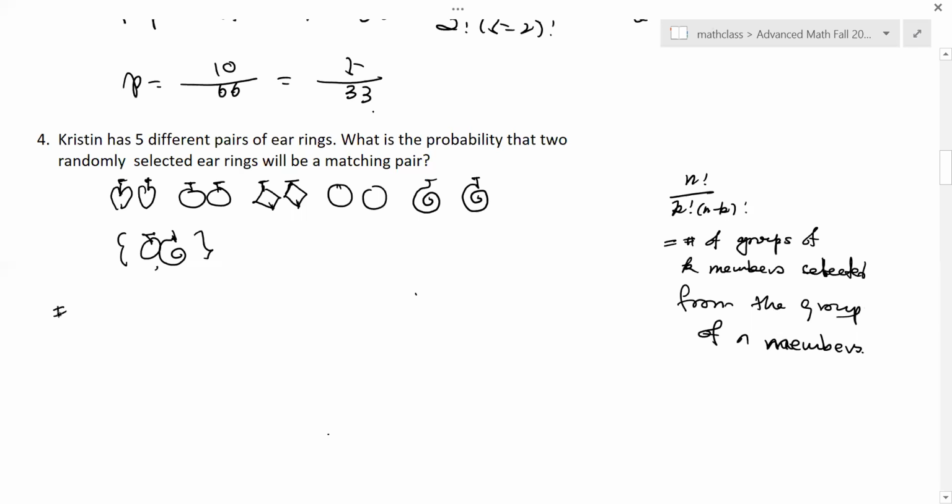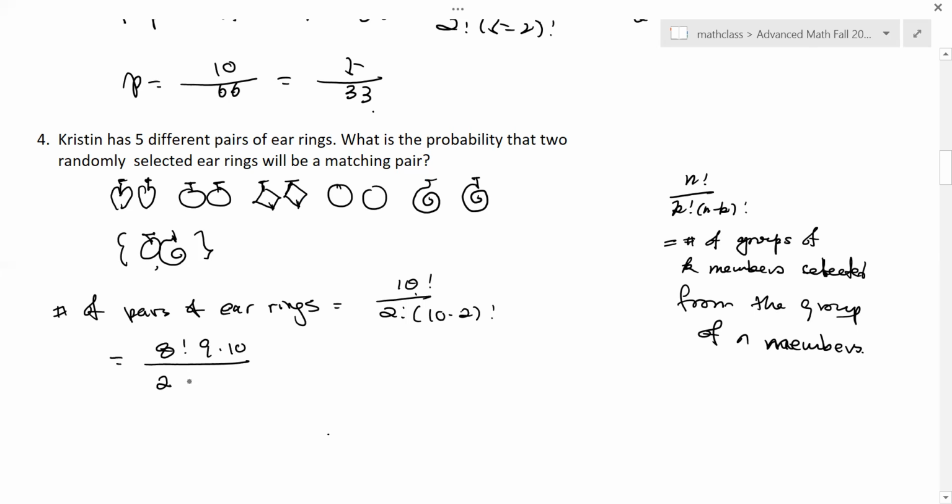Okay, so the number of pairs of earrings is going to be 10 factorial over 2 factorial times (10 minus 2) factorial. Okay, so let's simplify. 10 factorial is 8 factorial times 9 times 10, so 8 factorial cancels out, and that is going to be 9 times 10 divided by 2, it's 45.